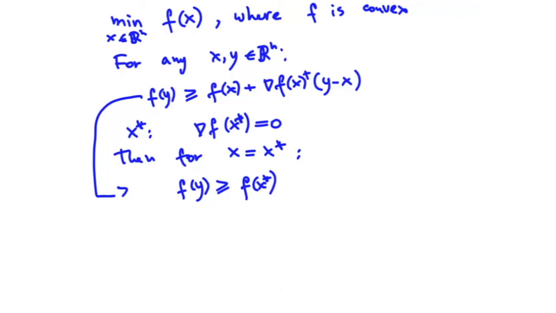So f of y is greater than or equal to f of x star for any y. Alright, but this means that x star is a global minimizer.